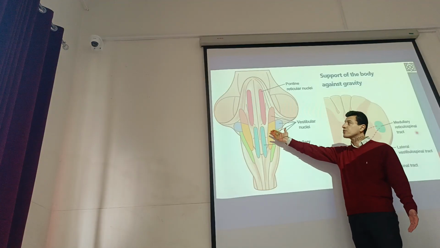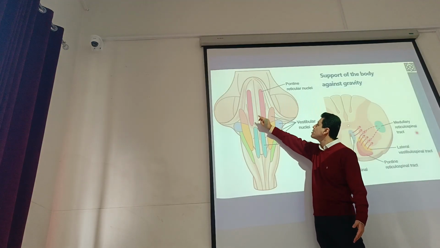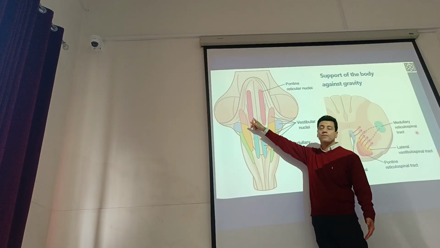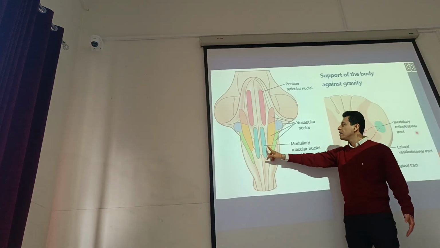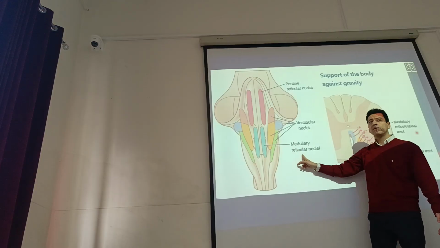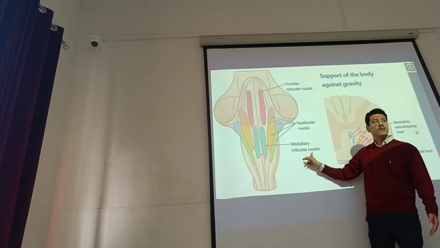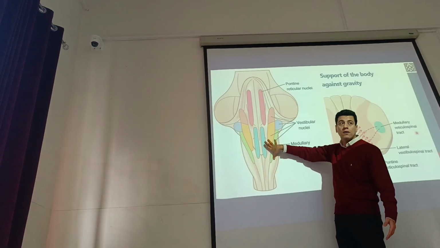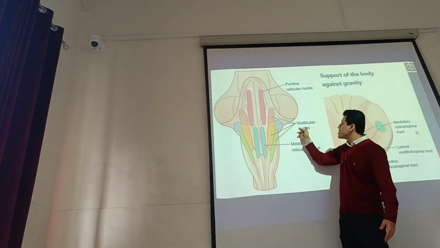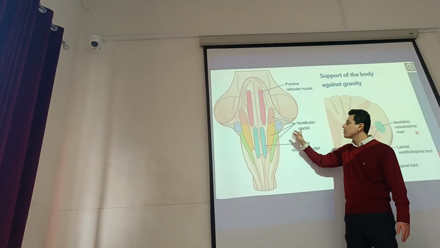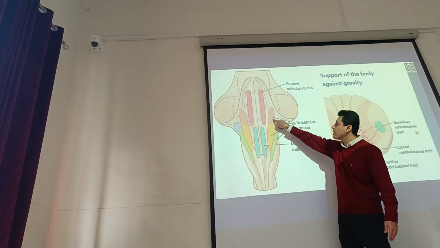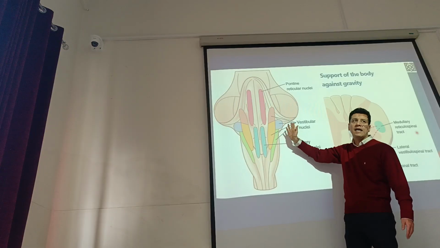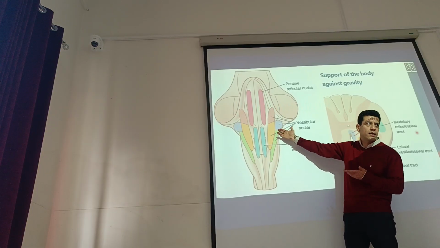So let's see the centers. In the pons, we have the pontine reticular nuclei, these two. In the medulla, we have the medullary reticular nuclei. Between the pons and medulla, we have 4 vestibular nuclei: inferior, superior, lateral, and medial vestibular nuclei.